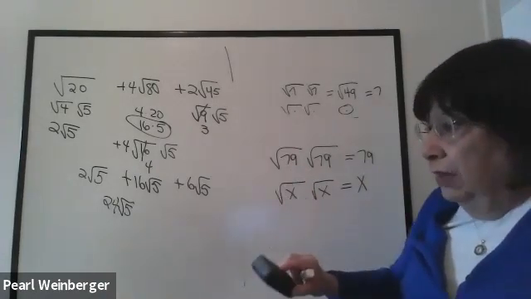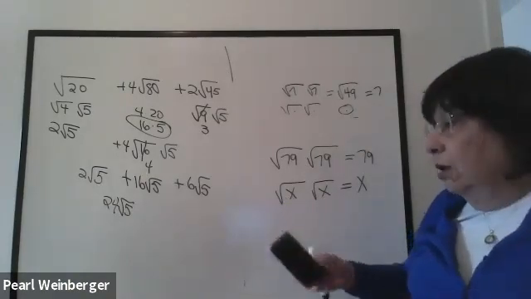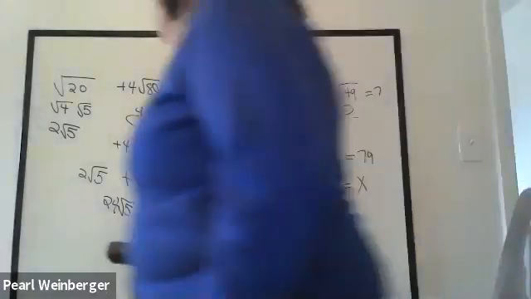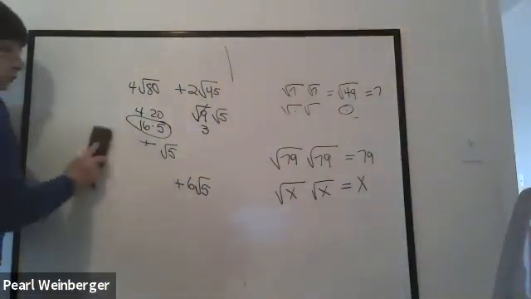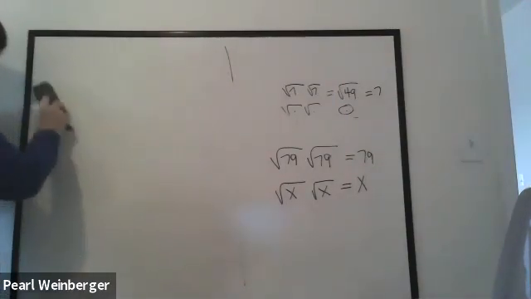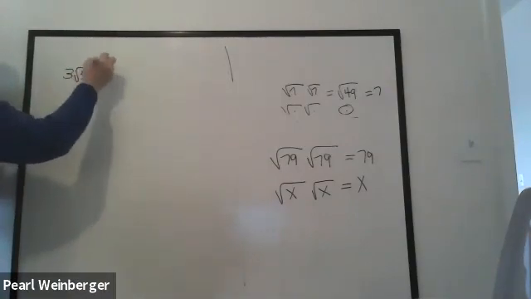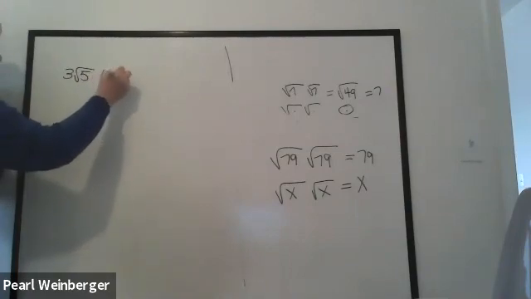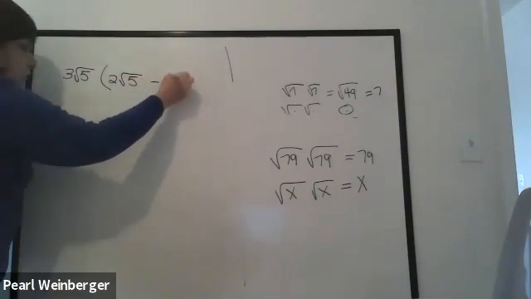So let's look at some of the more complicated kinds of multiplications that we could get. Number one, we might have something like this: 3 radical 5 times 2 radical 5 minus 7 radical 20.